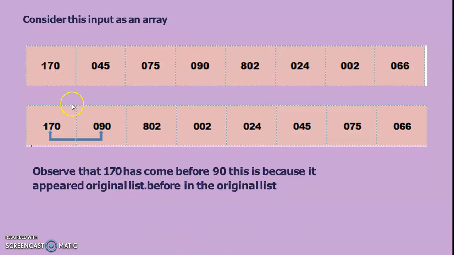So as you can see here, guys, 170, the next is 90, and the next is 802, and 2, the next is 24, 45, 75, and the last one is 66.